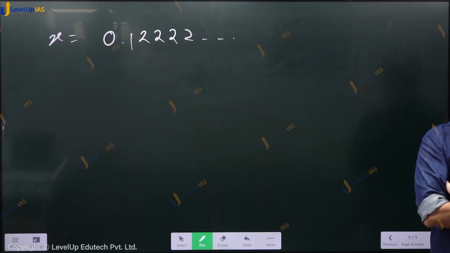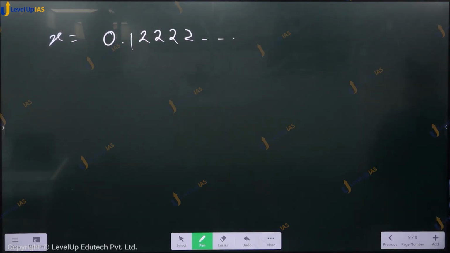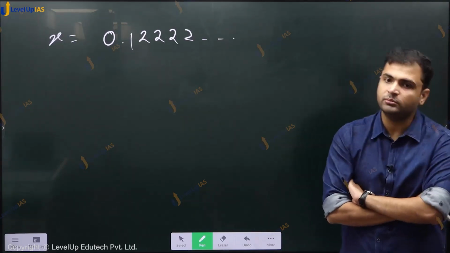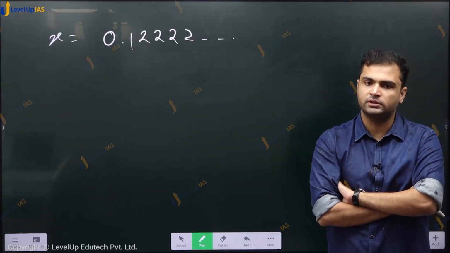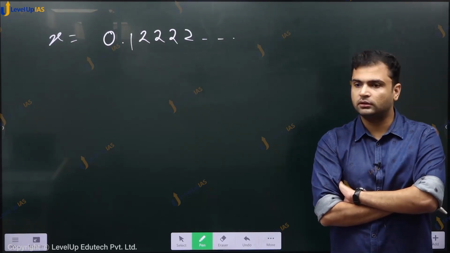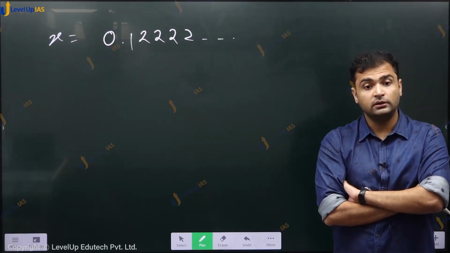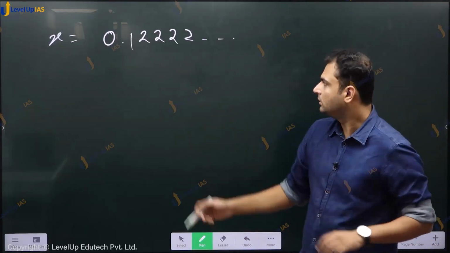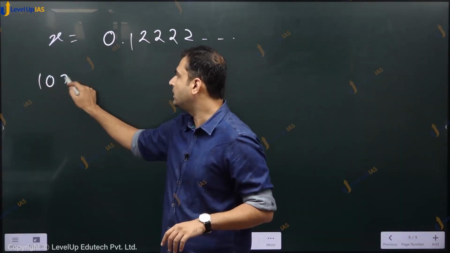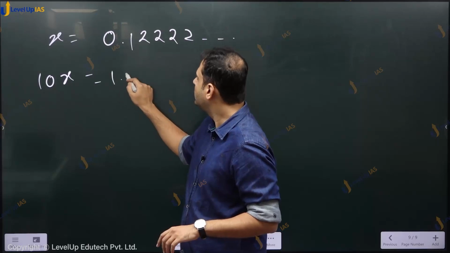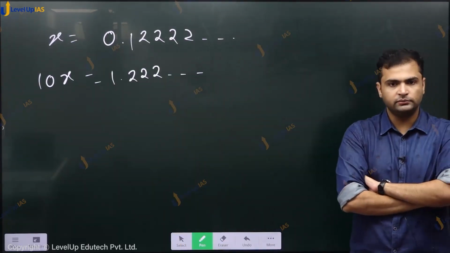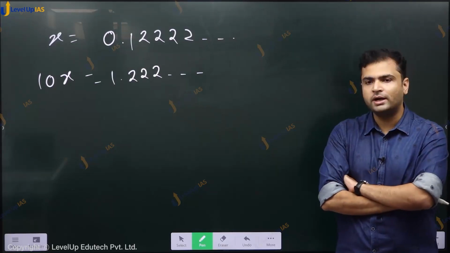That if repetition starts immediately after the decimal point, then I know how to handle it. So let us convert this into that kind of form, where repetition starts immediately after the decimal point. कैसे करेंगे? Right, 10 से. If I multiply this x by 10, what will I get? I'll get 1.22222, right? Now I know how to handle.